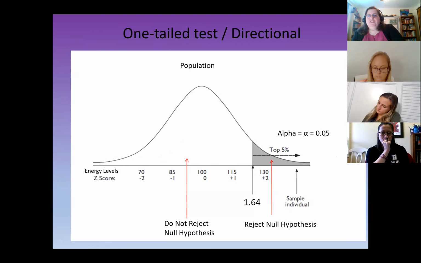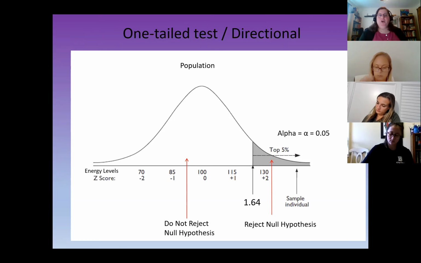What we wanted to show typically is that our finding is in the top 5% of the population normal curve if we're comparing to a population.